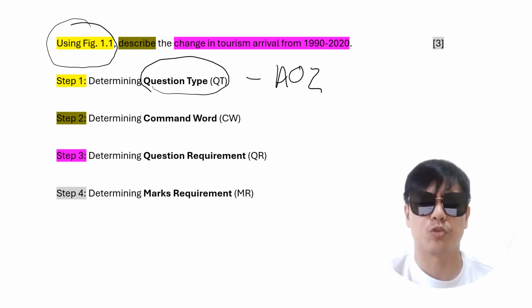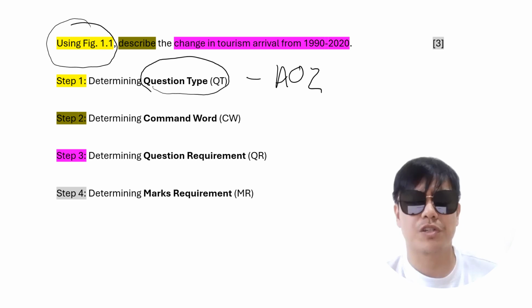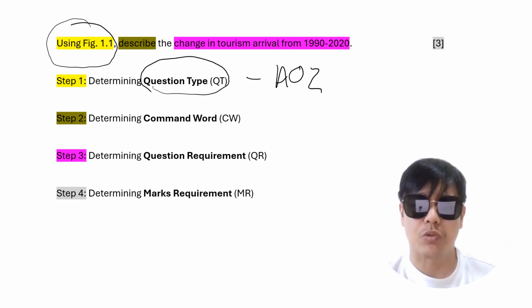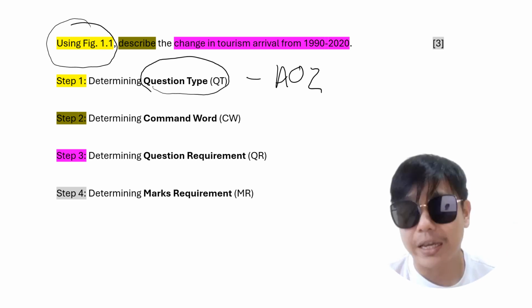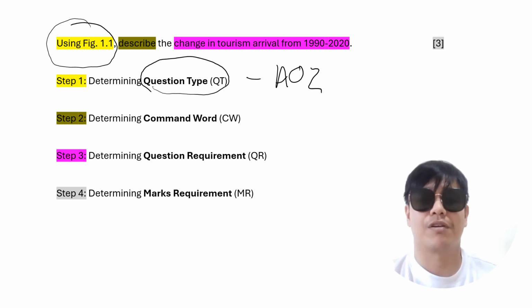What is an AO2 question? An AO2 question will test a student's ability to get content and knowledge from a figure, perhaps a bar graph, a line graph, or any types of data. All right. And with that, you have determined it is an AO2 question.